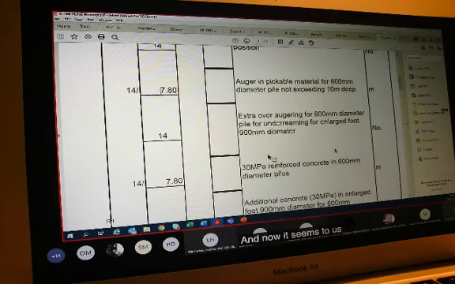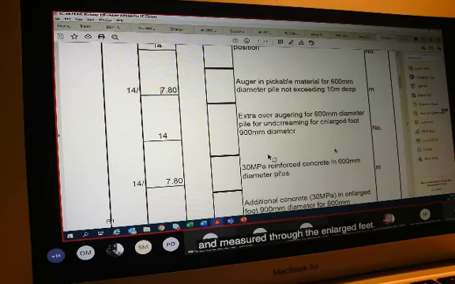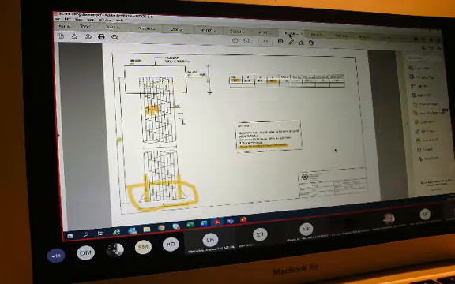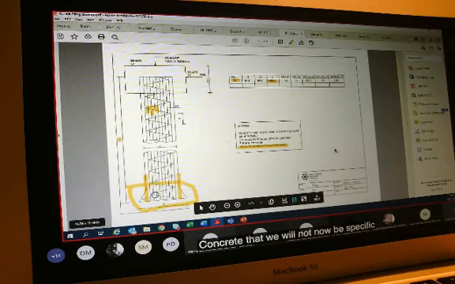We need to measure our concrete. Oh, but how do you measure concrete in number? 30 megapascal reinforced concrete in 600 millimeter diameter piles. Now it says to us that concrete would be measured through the enlarged feet. That's subclause 24 on page 22, which says that concrete will be measured in meters and measured through the enlarged feet.